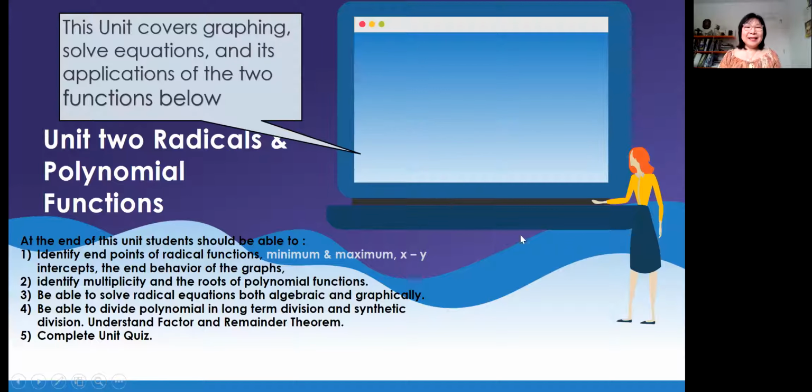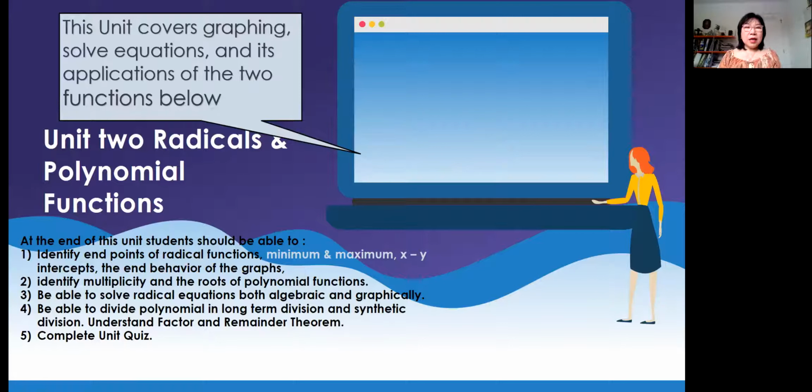Anyway, let's just move on because I don't want to move back and then we get into a technical problem. So the next unit you learn with me is about radical and polynomial functions. This unit covers graphing, solving equations, and applications of the two functions.